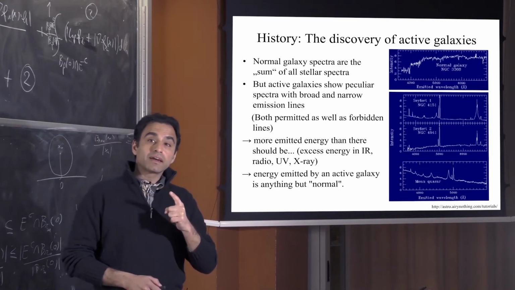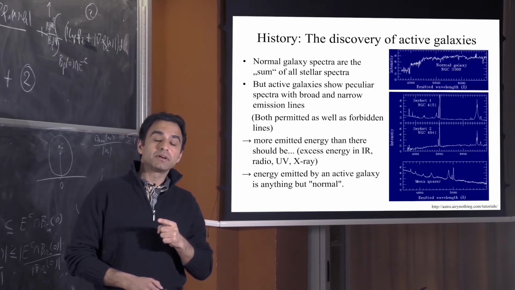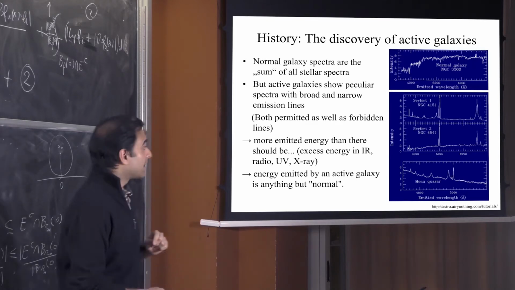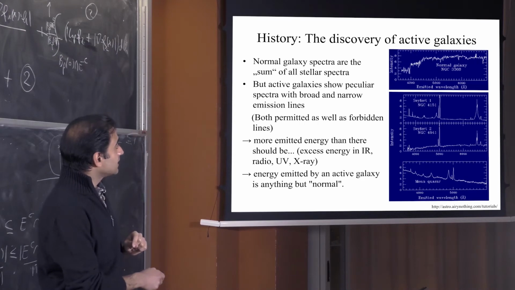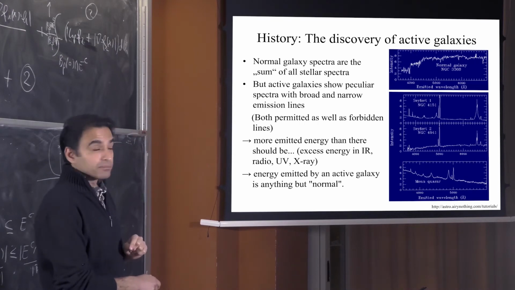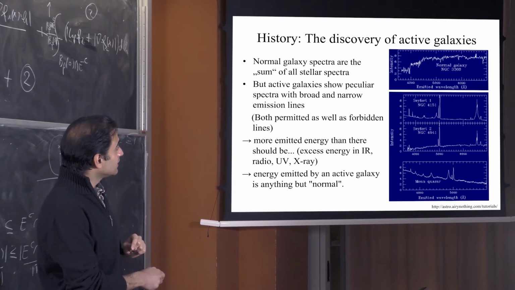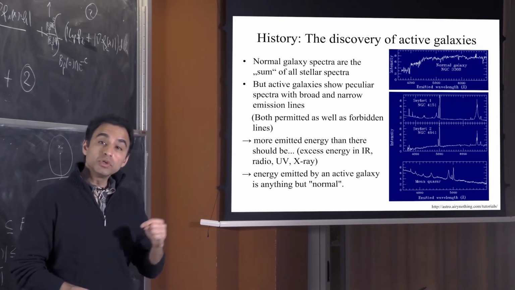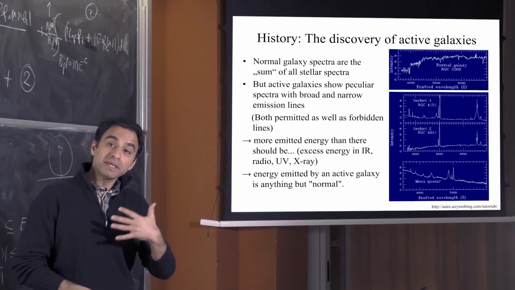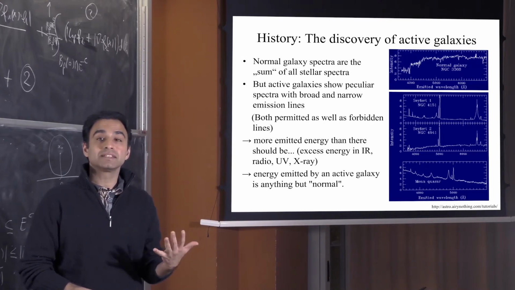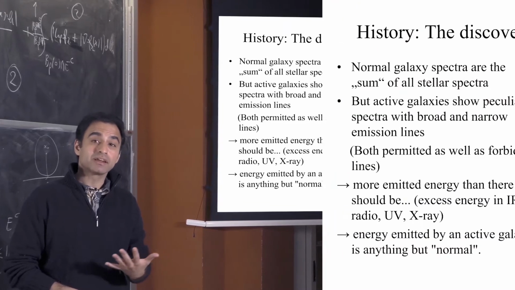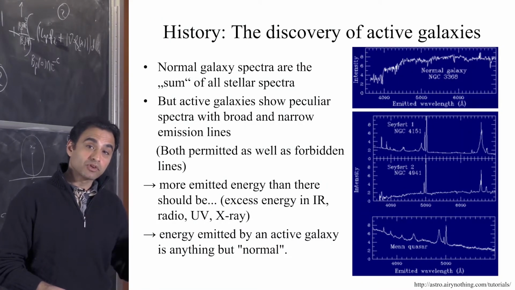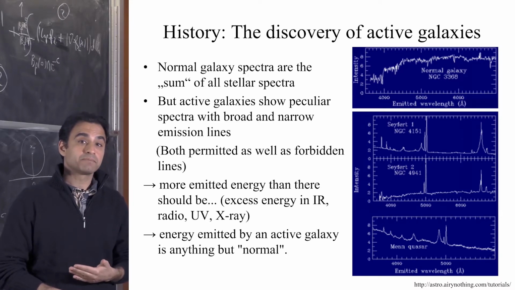When you take the spectrum of an active galaxy, I remind you, the spectrum is a plot, a diagram of intensity as a function of wavelength or frequency, you do see that the spectral behavior of an active galaxy is substantially, profoundly different from what you would get from a normal galaxy.